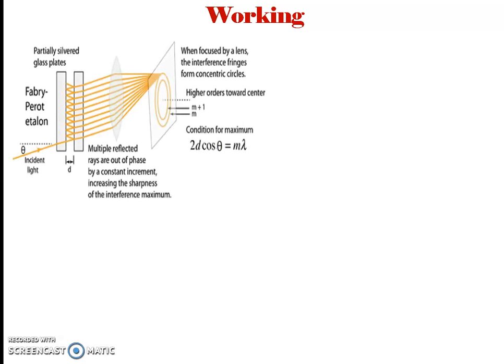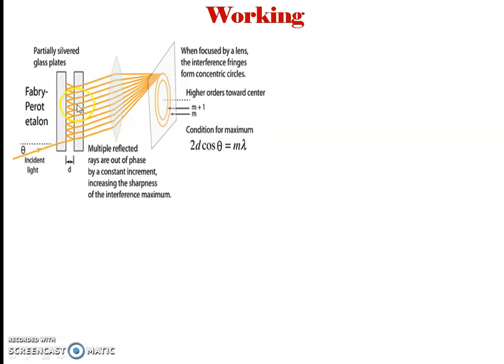Now, how does the Fabry Perot interferometer work? If you look at this diagram, you will find that there are two glass plates, A and B, which are accurately parallel. Here there is incident light which is falling on these two glass plates, kept from each other at a distance D, making an angle theta.